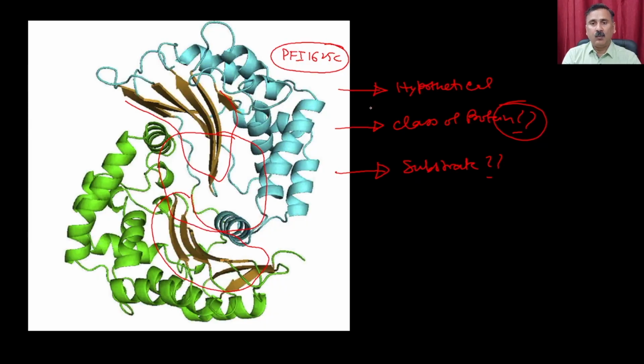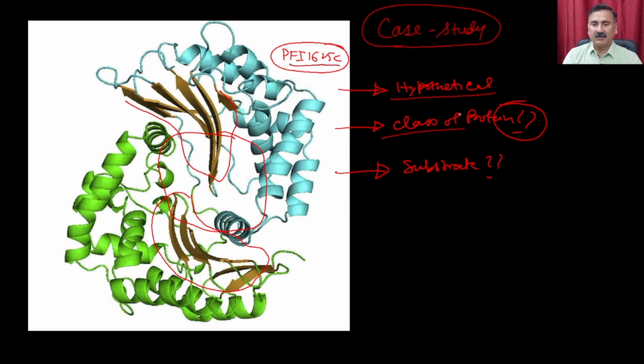Now let's see another case study of how you can use the ligand-based approach. This is another protein that we were working on in our laboratory, called PFI1625C, which is a hypothetical protein, and nothing is known about its class of enzyme.